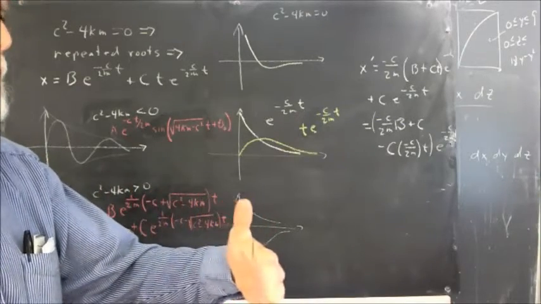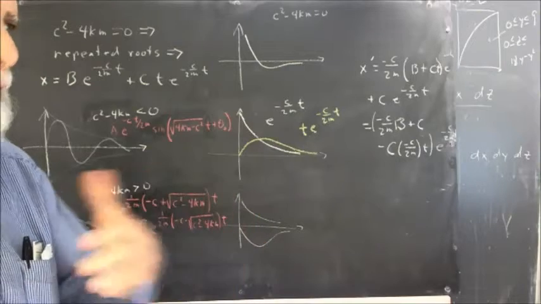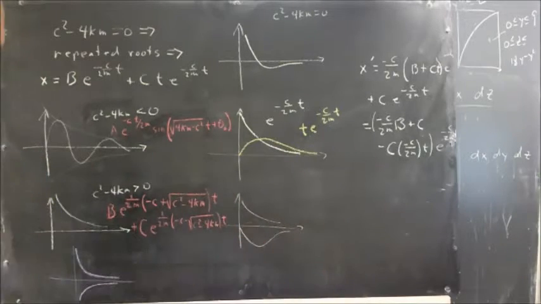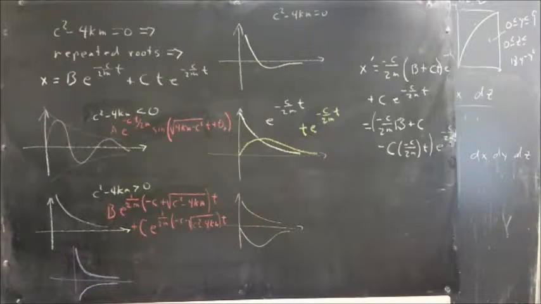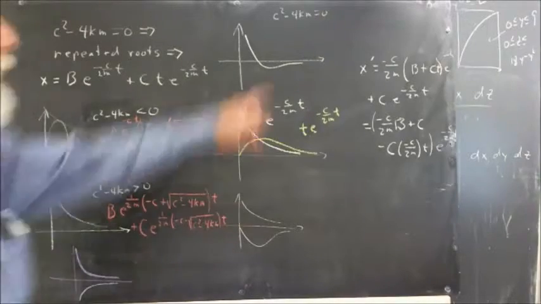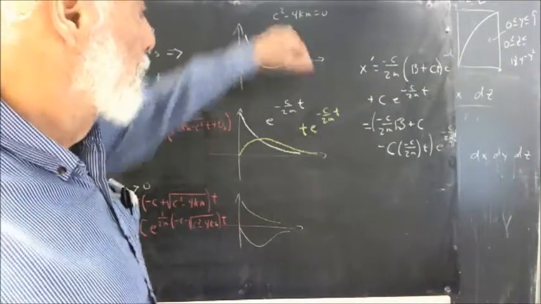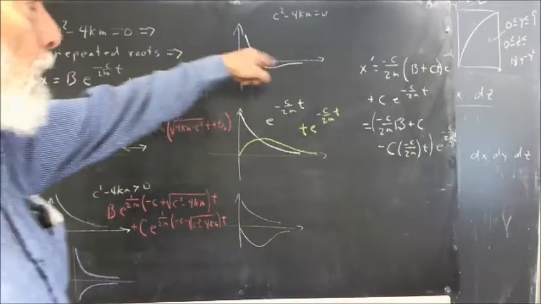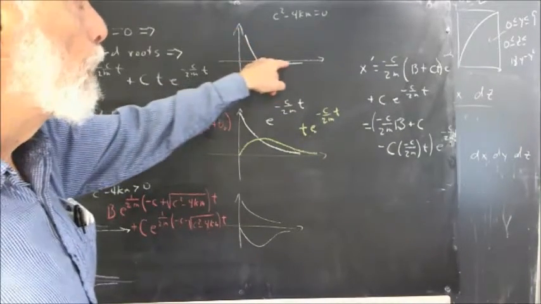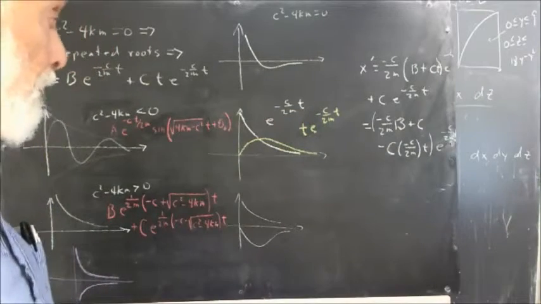It approaches the equilibrium position as an asymptote, and it can't overshoot the equilibrium position. Whichever side of equilibrium it happens to be on, it's not going to go past the equilibrium position. Whereas in this case, we can overshoot equilibrium, and that leads us to this sort of solution. Now, we can only overshoot once, and then that's it.